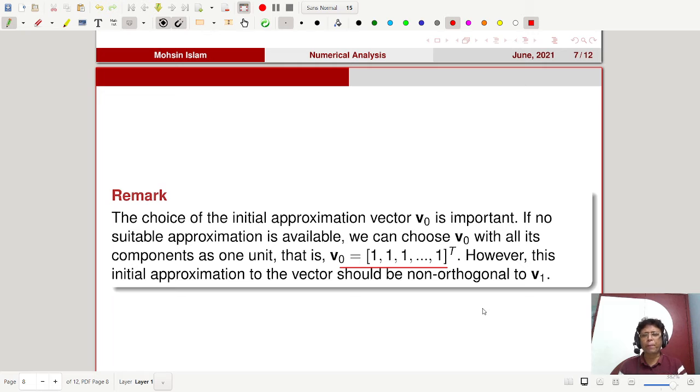If you can't find any suitable approximation, and it is not given in your problems, don't worry about that. You just have to select a unit vector with all components 1. However, this initial approximation to the vector should be non-orthogonal to V1. It should not be orthogonal to V1.